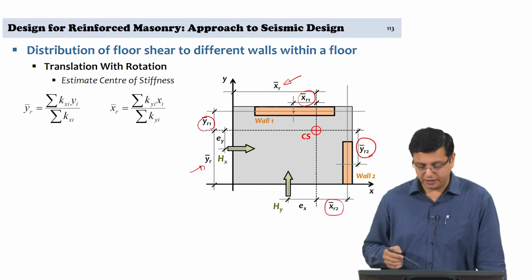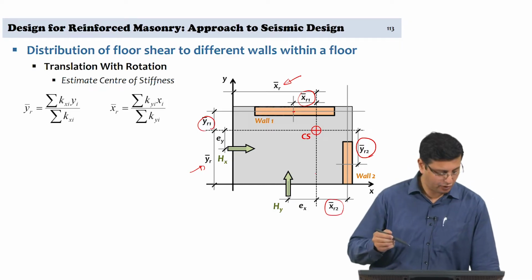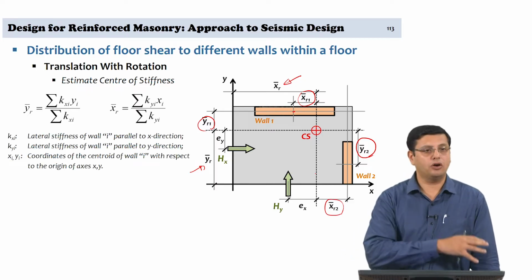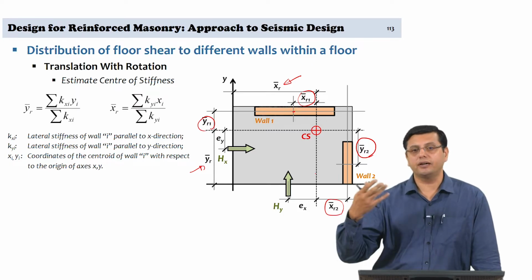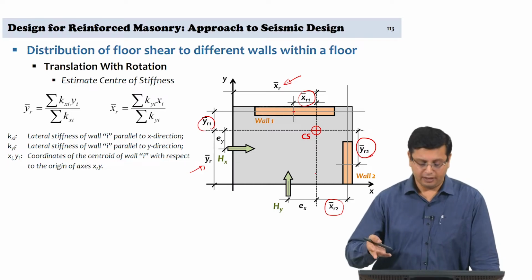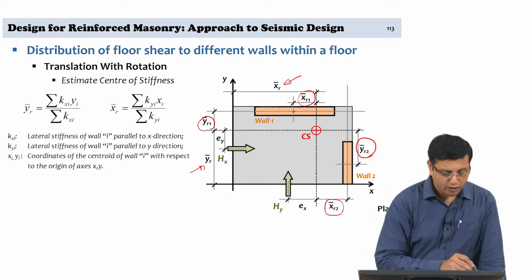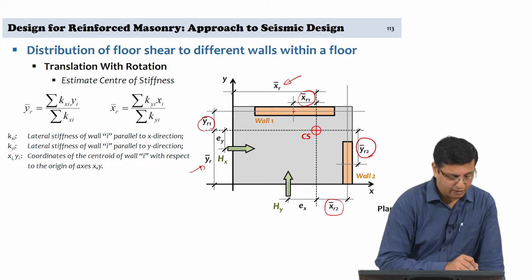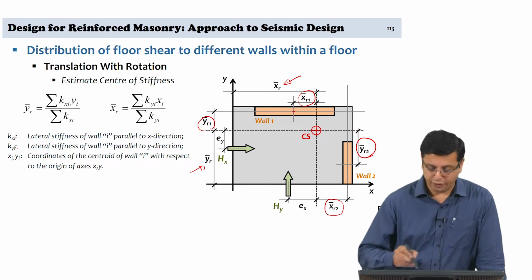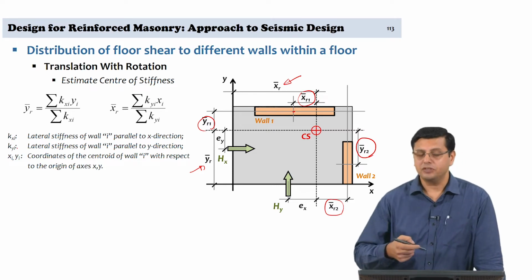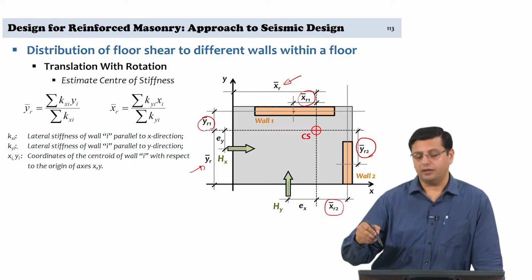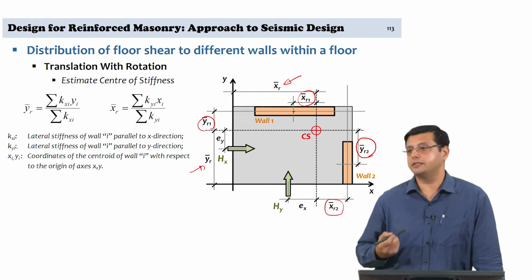Given the configuration and the estimate of the in plane stiffnesses of wall 1 and wall 2 that we can make based on all our earlier discussions, considering what boundary conditions wall 1 and wall 2 would have from the geometry and the material properties, we will be able to establish what kx1 and ky1, kx2 and ky2 are going to be. I take wall 1 and estimate its stiffness in the x direction, I estimate the stiffness of wall 2 in the y direction, and I have the in plane stiffnesses to work with.